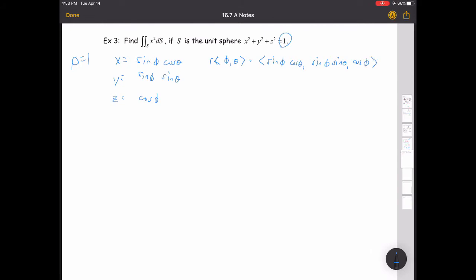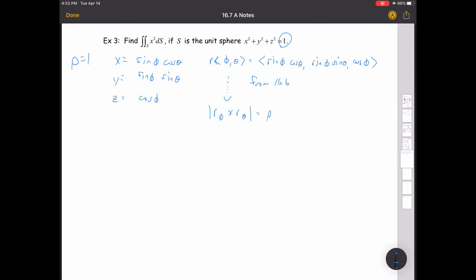And if you remember, what we have to do is find r sub phi cross r sub theta. If you remember from 16.6, we don't need to do that whole process, because anytime we parameterize a sphere, the magnitude of r phi cross r theta is a squared sine phi, where a represents the rho part.